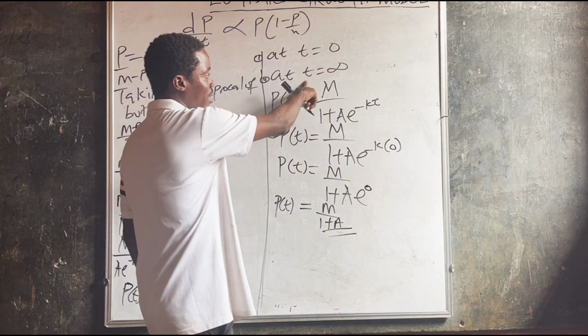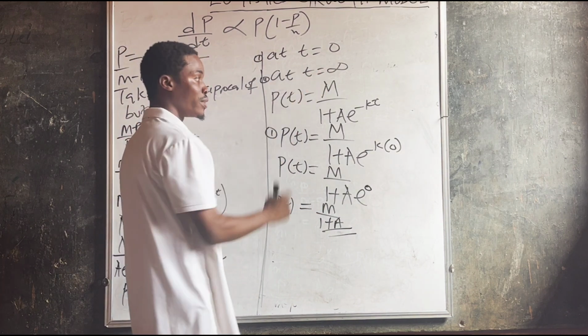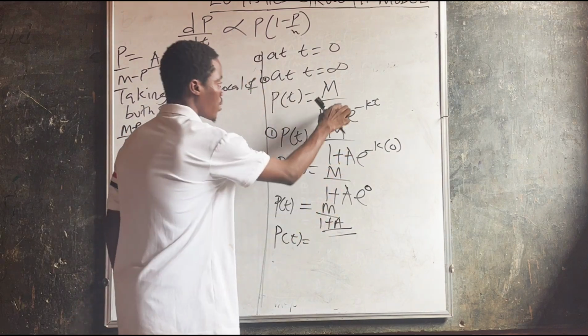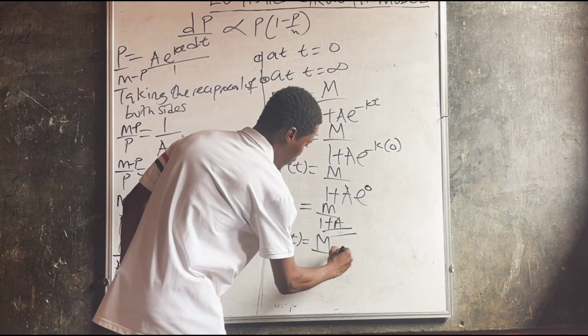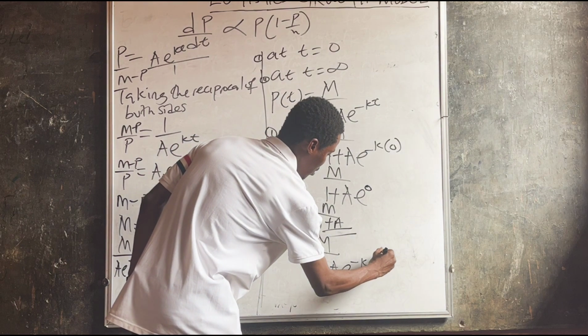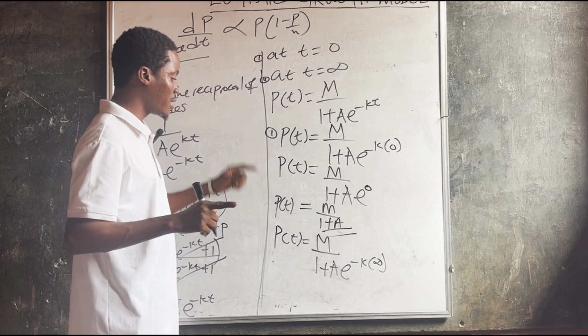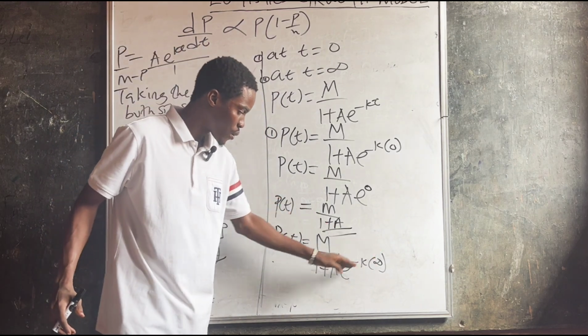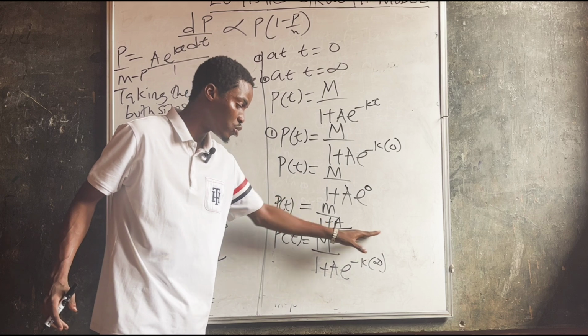At t equal to infinity, what are we going to get? According to this formula, P of t is m all over 1 plus a exponential minus k infinity. Anything raised to power minus infinity will be 0, so a exponential minus k infinity will be 0.